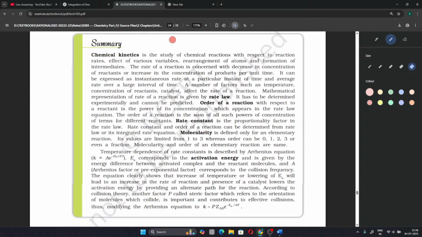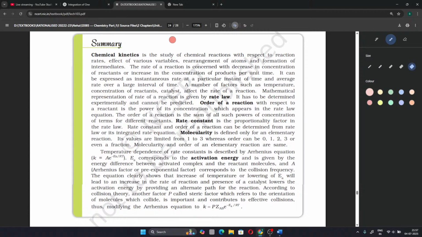The rate of a reaction is concerned with decrease in concentration of reactants or increase in concentration of products per unit time. It depends on time, reactant concentration. It can be expressed as instantaneous rate at a particular instant of time and average rate over a large interval of time. A number of factors such as temperature, concentration of reactant, catalyst affect the rate of the reaction.